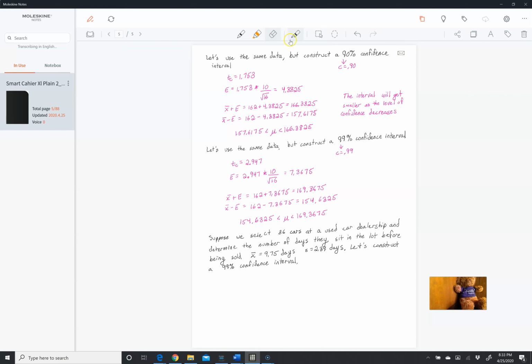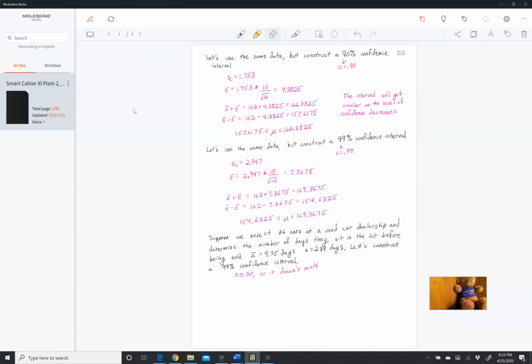Okay, what do we have to do? Well, we know what the point estimate is, right? The point estimate is the sample mean. But we have to do that check first, right? N is greater than or equal to 30. So it doesn't matter if the data is normally distributed. You have to check for this.